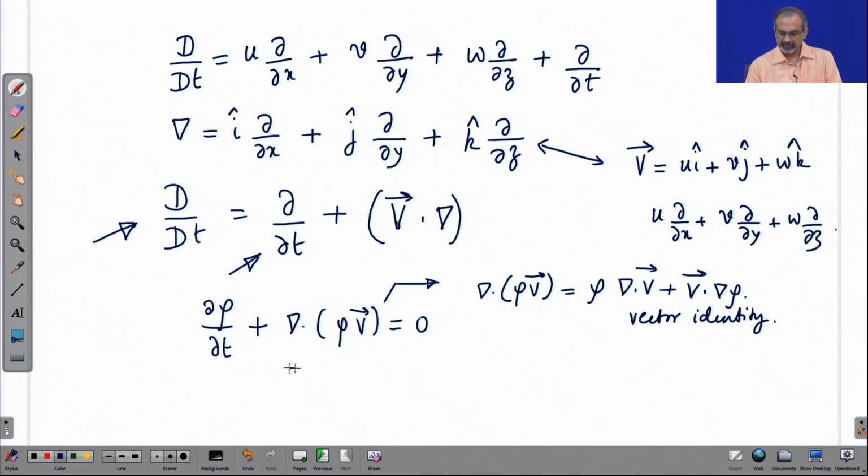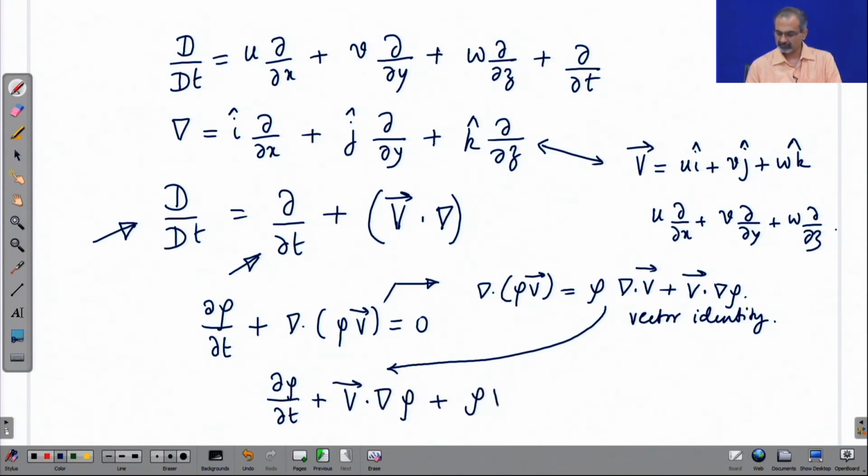Having said that, if you substitute it here, what do you have? Del rho del t plus, we will take the second term first and this term then next and put it. Why do we do it that way?